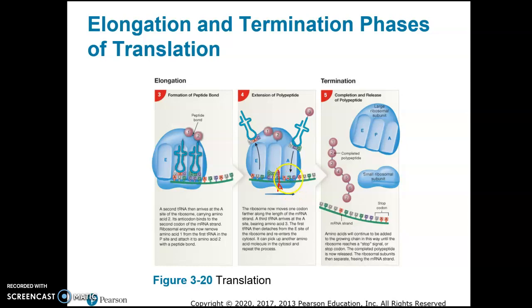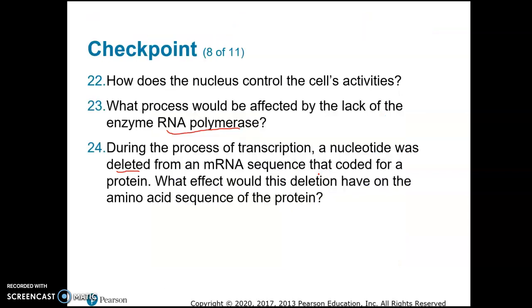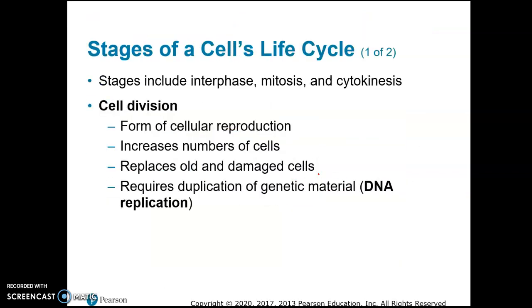And then after that, the next codon would be GCA, and the next one would be UGU. So it would shift the sequence of the nucleotides so that the codons would be completely different from that point on. And if the codons are different, the amino acids are different, and if the amino acids are different, the protein is different. So, I mean, it could just be a disaster.